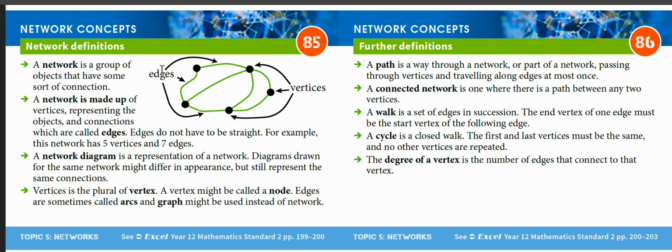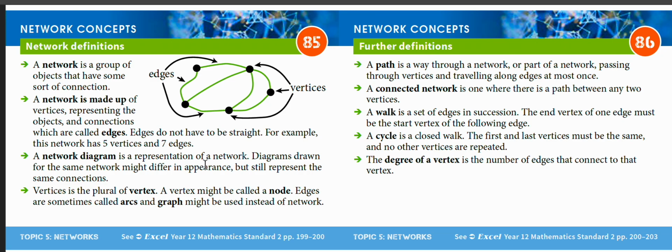Even in the electronic circuit world, how you connect your resistors, capacitors, inductors and your voltage, all that is an electric network. So basically, a network is how you connect the objects that are involved in it.